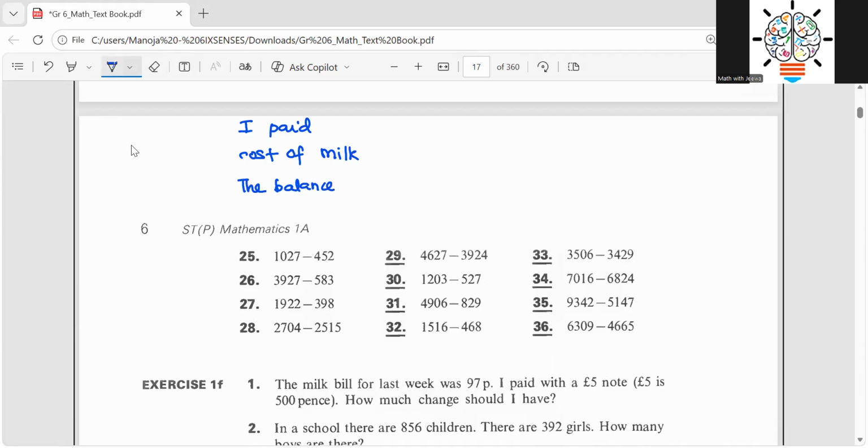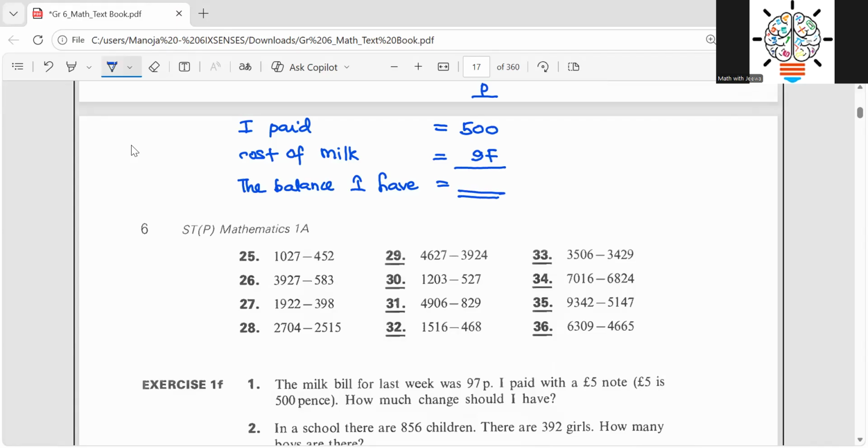So then you put the equals mark, and here also you can show that. This should be 500 pence. From 500 pence you have 97, and you do the subtraction, right?